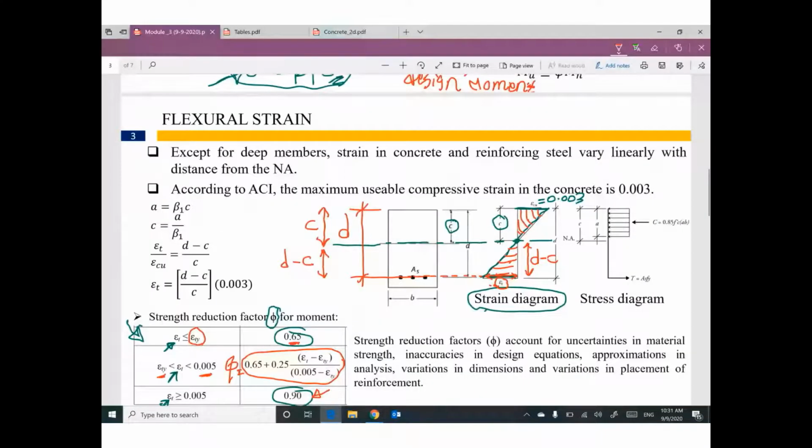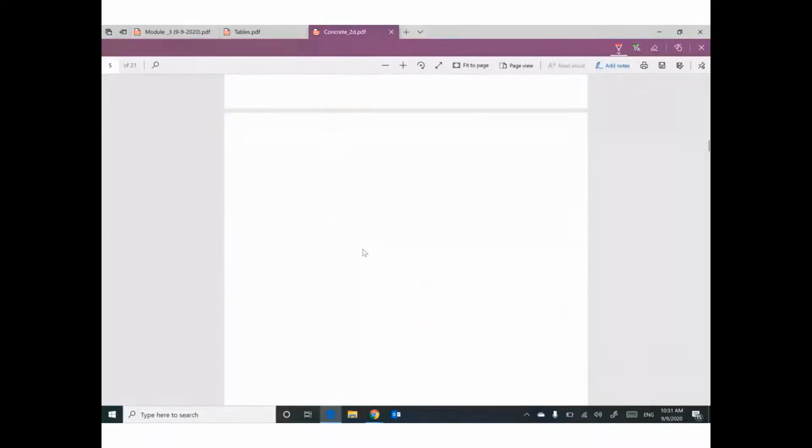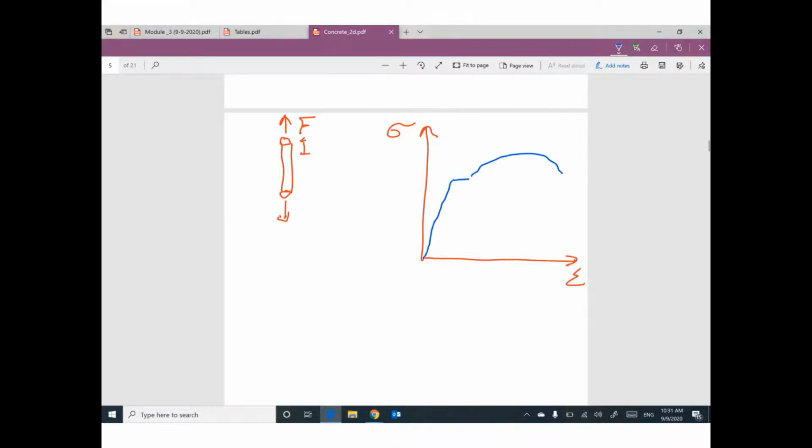Okay, another story. We have a steel rebar under tension. So I can record the value of force and the value of elongation, so I can figure out a relationship between strain and stress. Typically, this relationship looks something like this. For steel reinforcement, at this location, we have something called F yield, yielding.